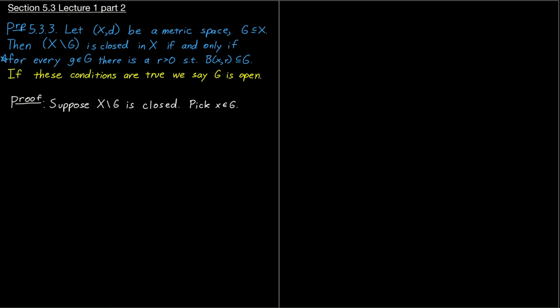So we want to show there is a positive real number R such that the ball centered at x of radius R is contained in G. Now I can tell you what R is. Let's go ahead and let R be the infimum of the set of all distances from x to y, such that y is in X minus G.